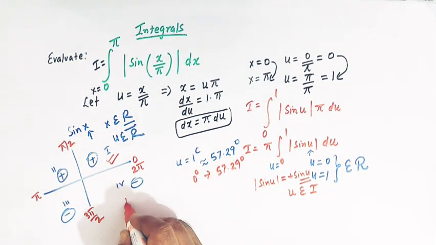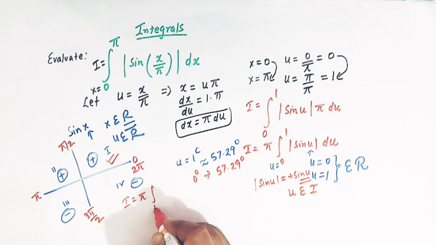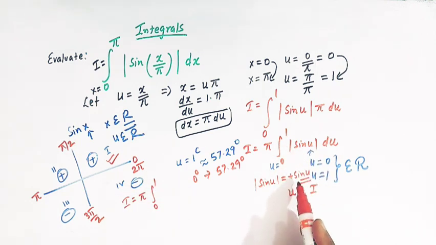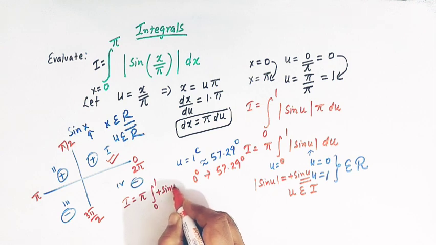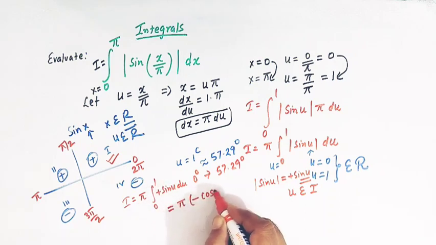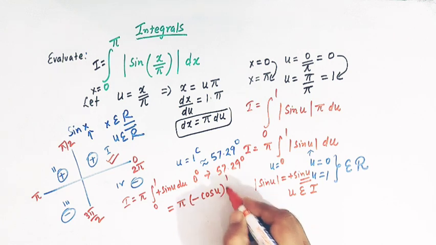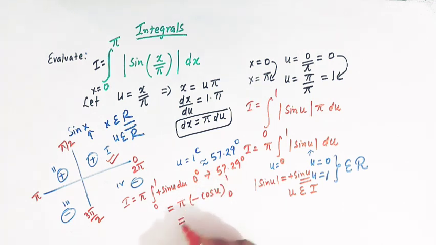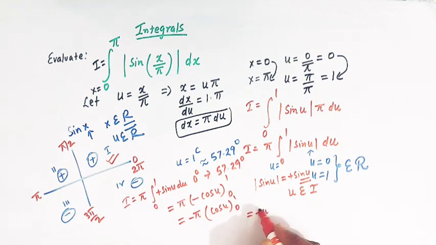So now this integral I can be written as pi, we have 0 to 1, mod of sine u can be written as positive sine u, and here we have du. Now the integral of sine is negative of cos, so we have negative cos u, and the limits of integration are from 0 to 1, right? So taking this negative sign outside, we have cos of u, limits from 0 to 1, so this is pi, and here we can substitute the limits and take the difference, so cos of 1 minus cos of 0, right?